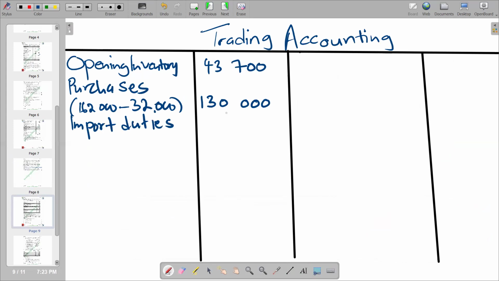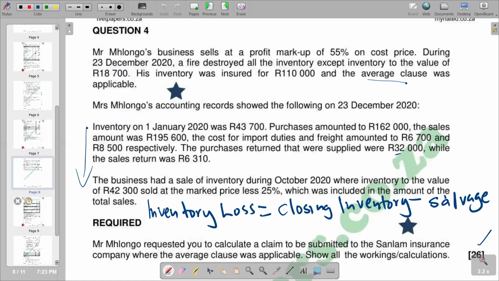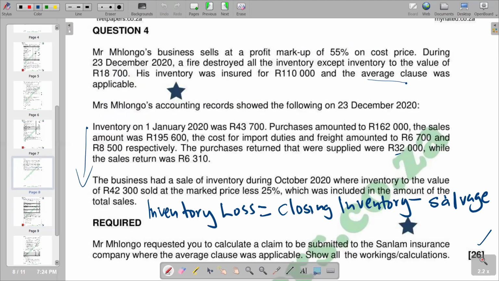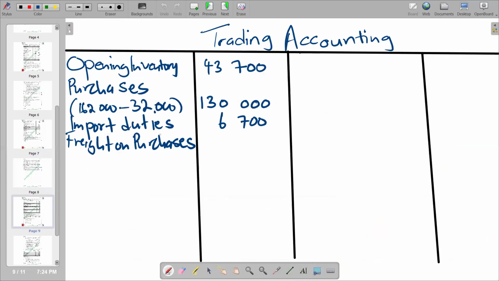The figure for import duties, we are given as 6,700. Then we also have the freight on purchases, which we are given as 8,500. So basically, that's what we have on that part.